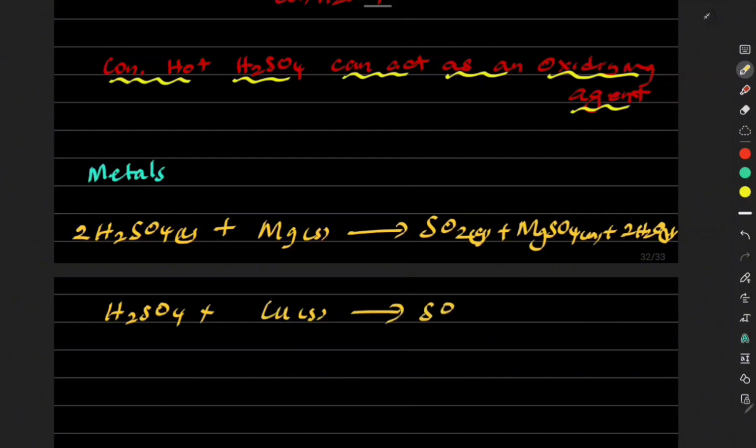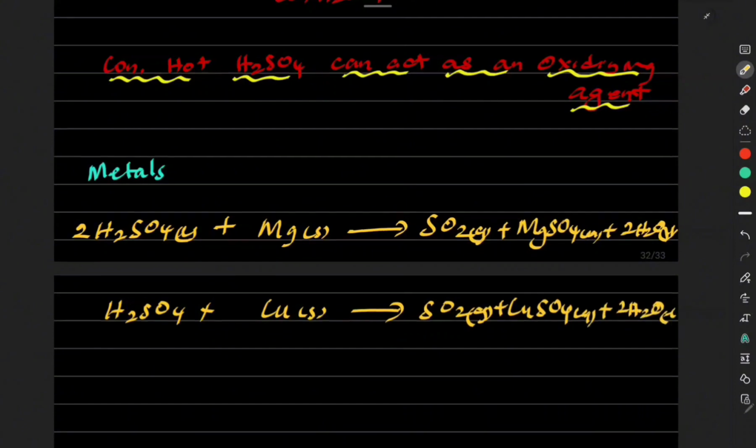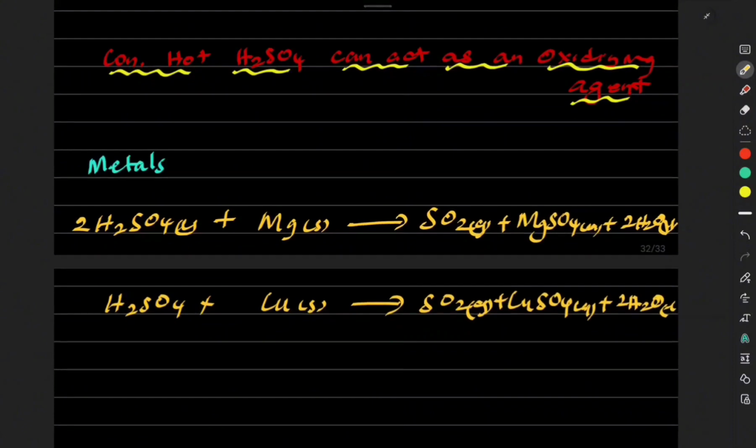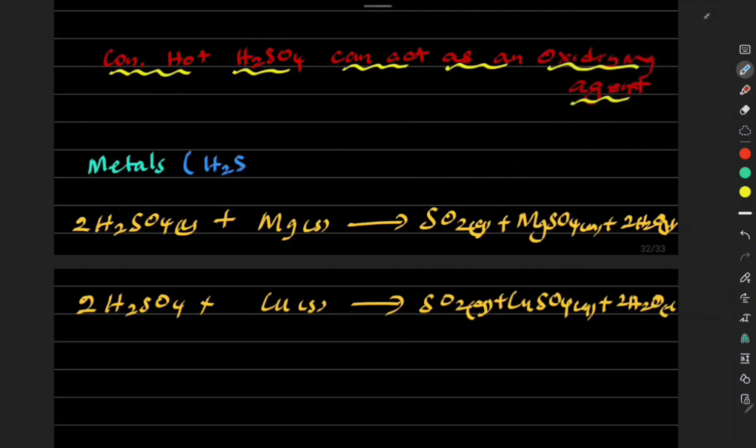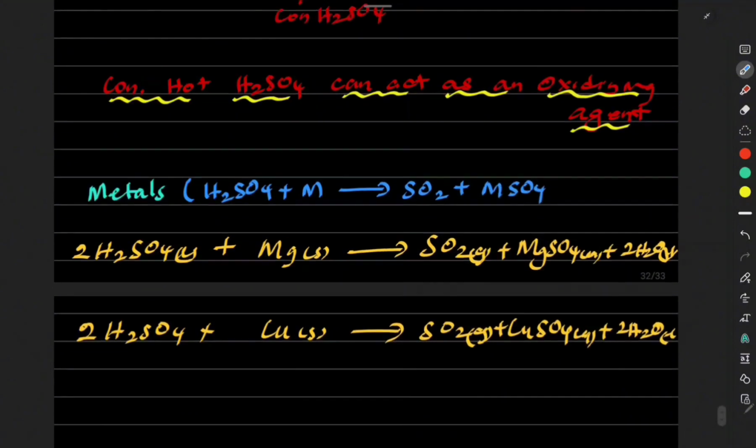They form sulfur dioxide and the relevant metal sulfate plus H2O liquid. This is the reaction with metals. I'll write the common reaction for this: H2SO4 plus metal forms SO2 gas plus metal sulfate plus H2O. This is the common reaction.